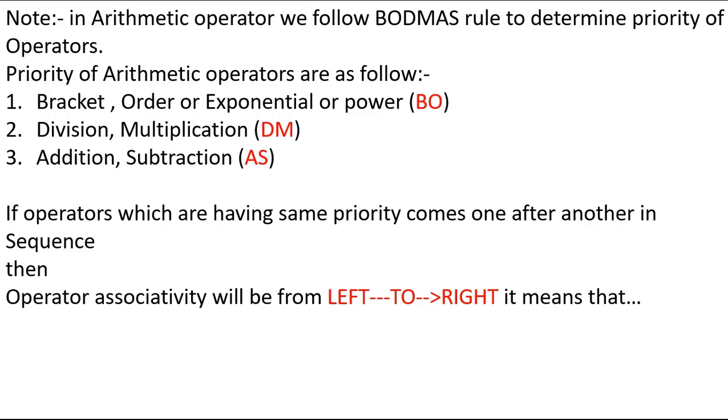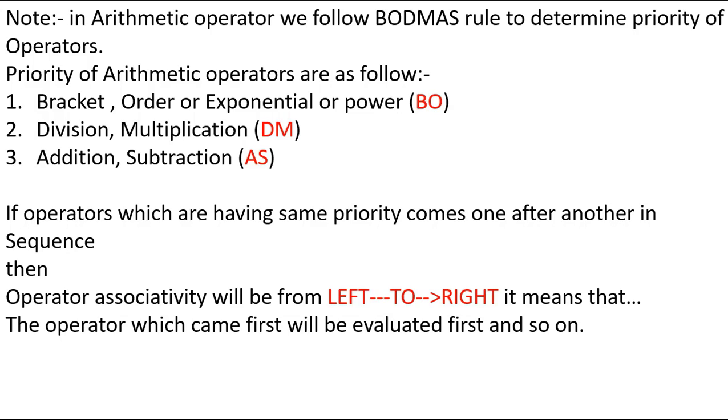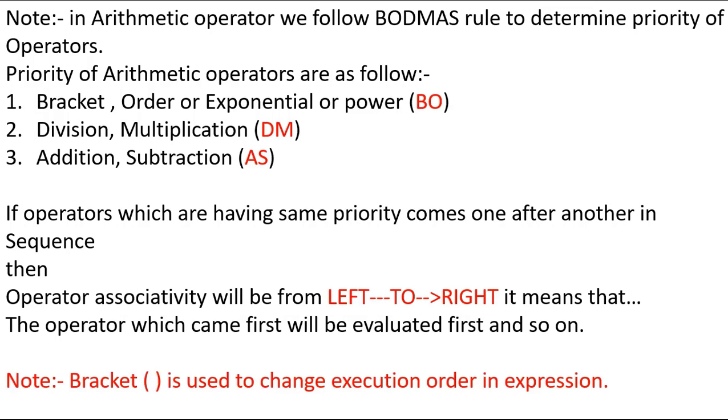For that we have one point: operator associativity will be from left to right. It means that the operator which comes first will be evaluated first, and so on. Bracket is used to change execution order in an expression.